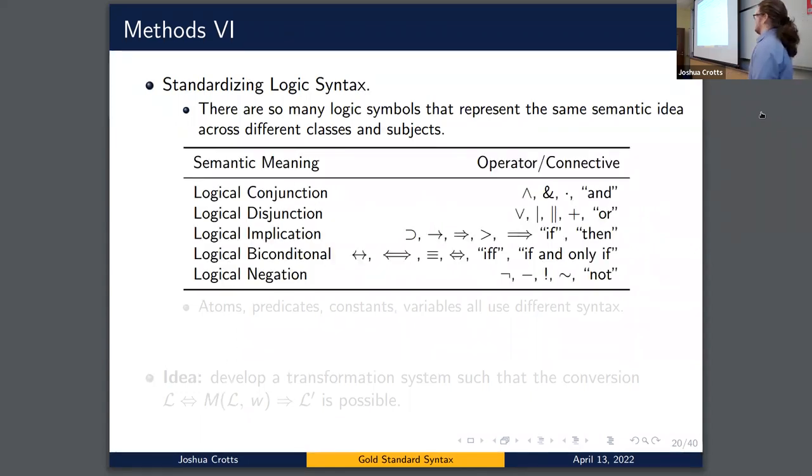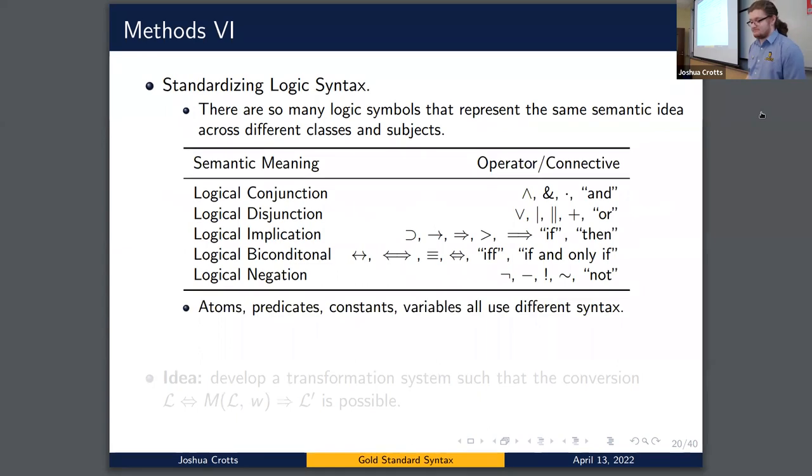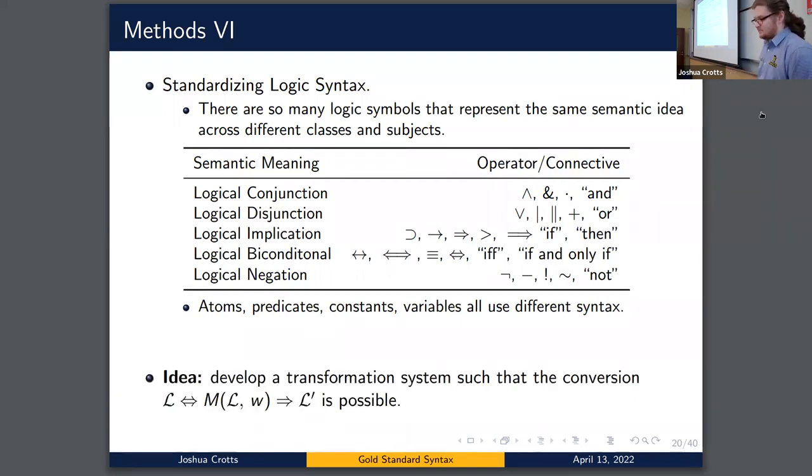This is just propositional logic, and there are many symbols that can represent the same semantic idea. Here are just some of them. There may be even more. And even more important is that, as we saw, atoms, predicates, constants, and variables can all use different letters of the alphabet, different cases, and it gets very unwieldy to use, especially if you're trying to test systems very quickly.